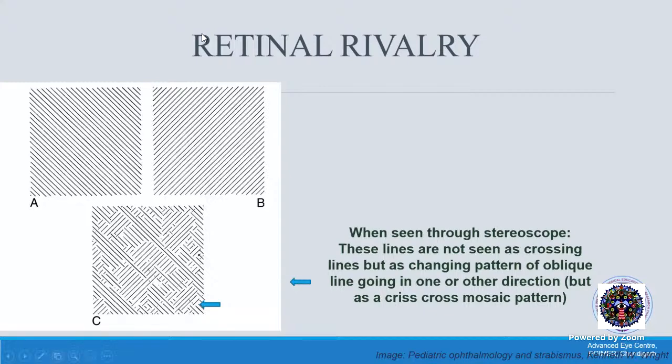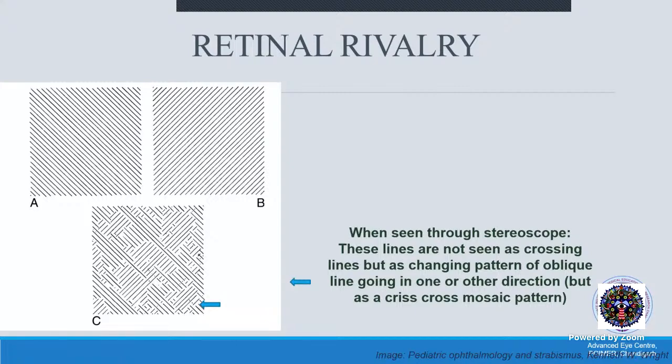So if you have one object projected to one eye and the other object to the other eye, which are very dissimilar, the brain will not be able to fuse them, but both the objects will try to fight for the image in the eye. You'll see a patchy dropout, and this happens with bifoveal fixation, which is normal, the macula is normal, and the two eyes are not misaligned.